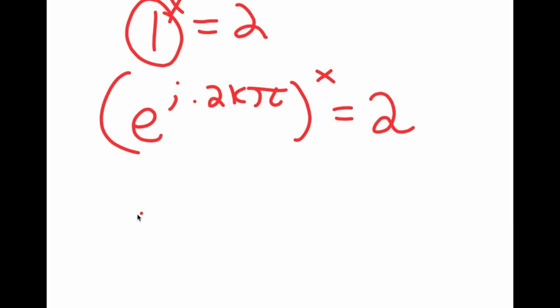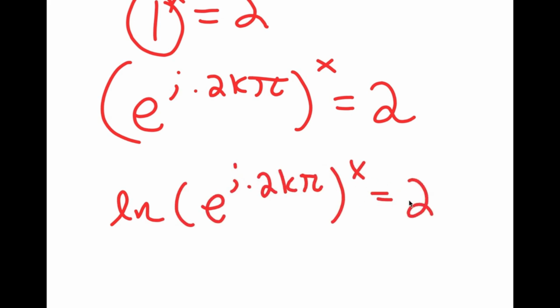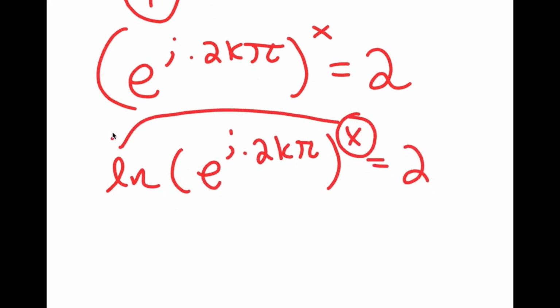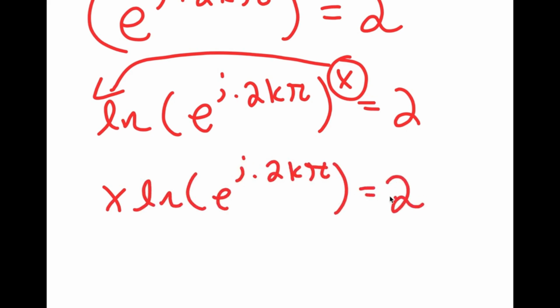Now to solve this, I'm going to take the natural log, or ln, on both sides. And now I can move x to the front. So I get x times ln e to the power of i times 2k pi is equal to ln 2.